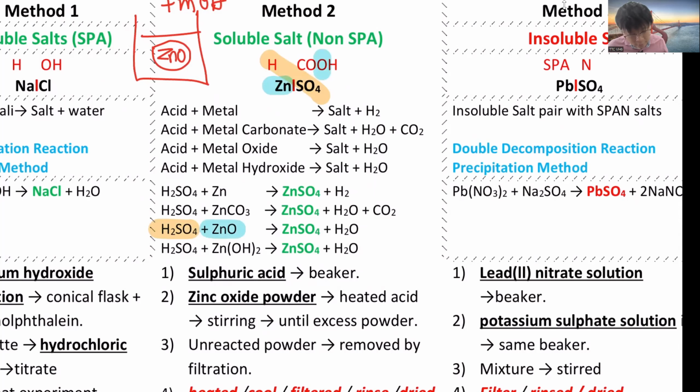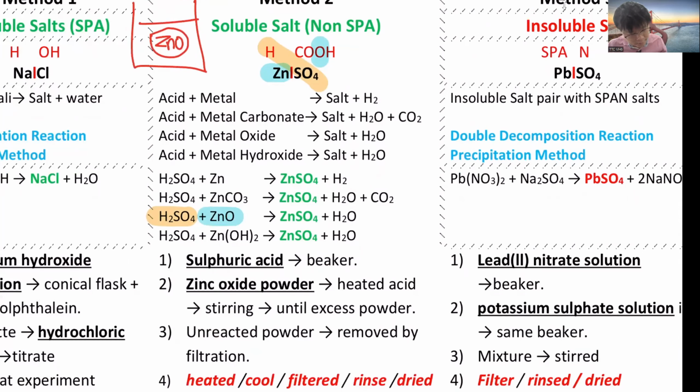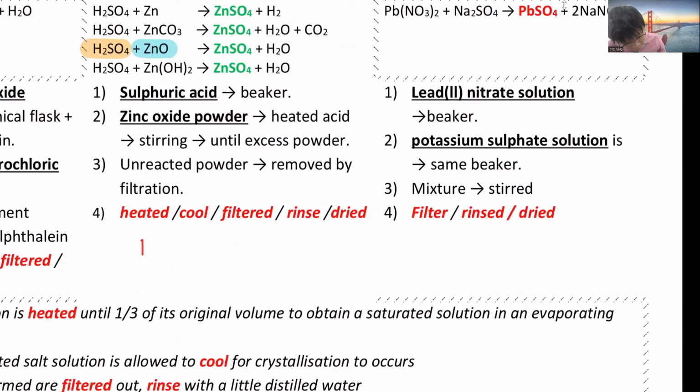The first step is to add sulfuric acid into the beaker. Then you start to heat the acid.